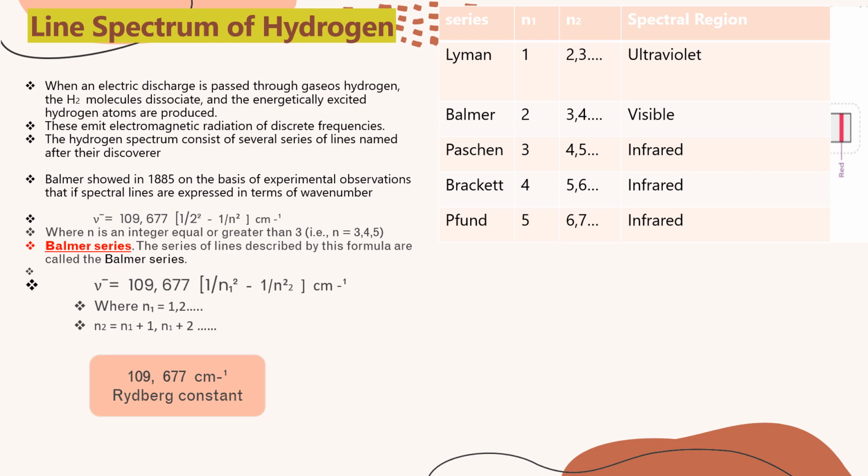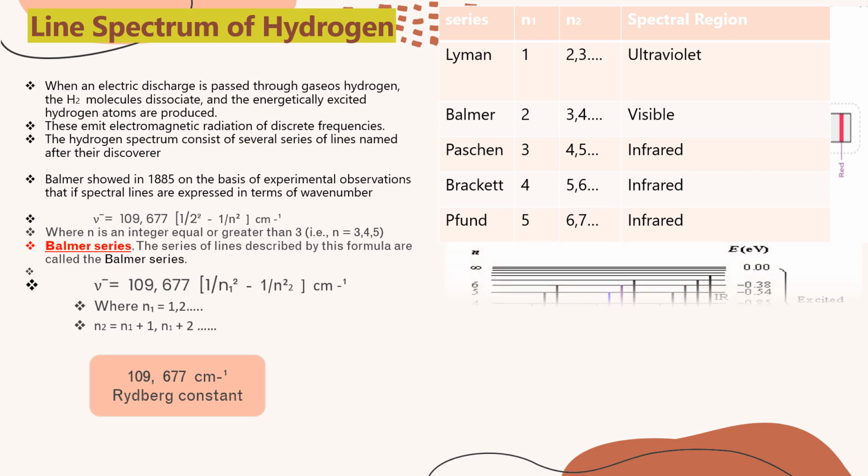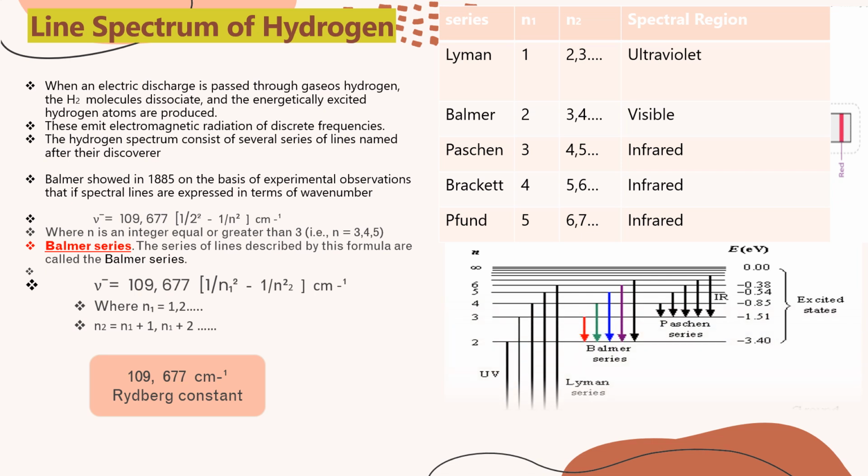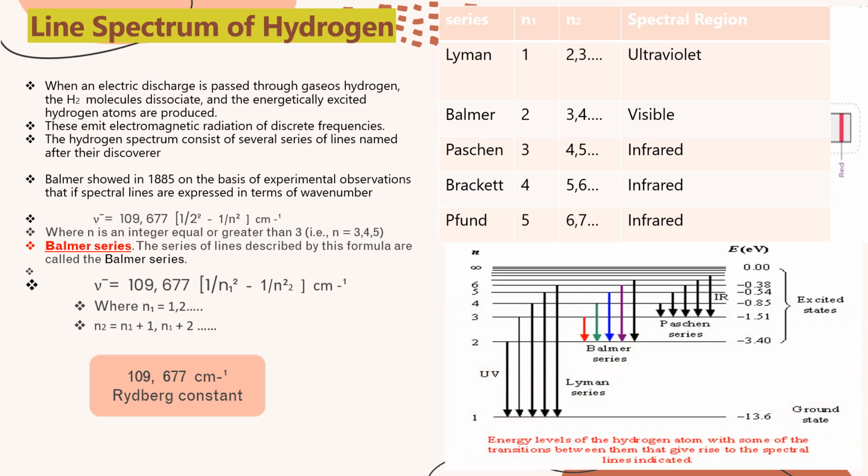See, the first one is the Lyman series. It is the series of emitted light if the transition occurs between the first and any other energy level. It is observed in the ultraviolet region of the electromagnetic spectrum. Second, Balmer series.